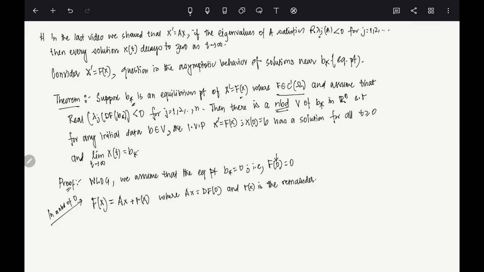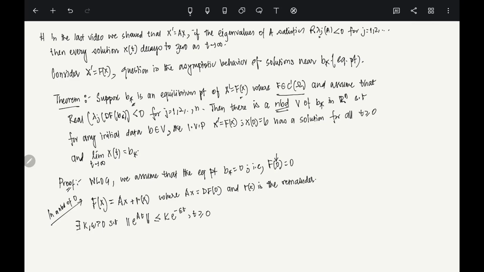Now we know from what we talked about earlier that there exist a constant k and epsilon positive such that we can always do this. For this a, the norm of e to the power at can be made less than or equal to a constant times e to the power minus epsilon t, for t greater than or equal to 0.